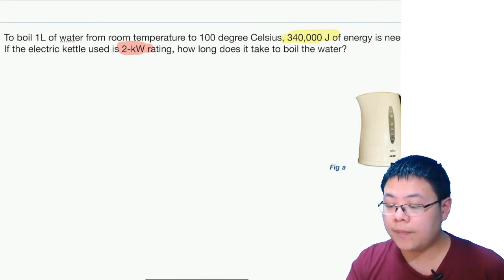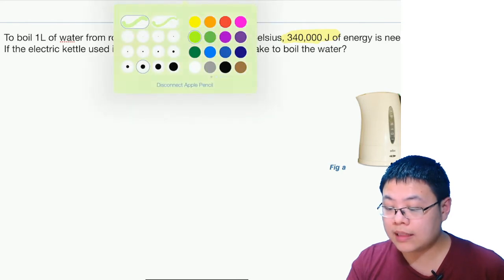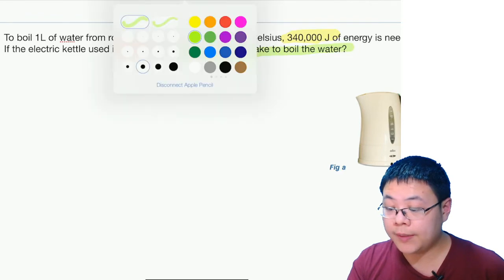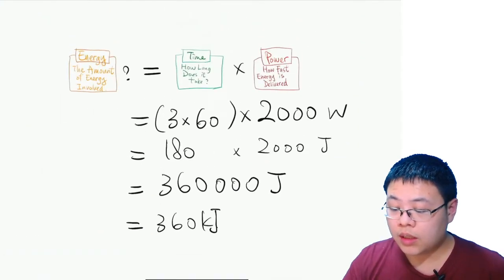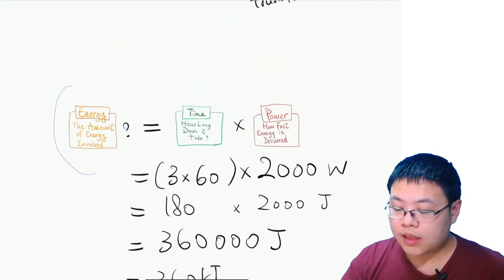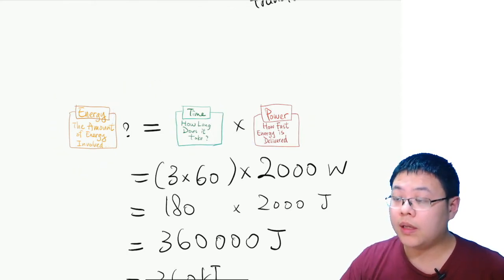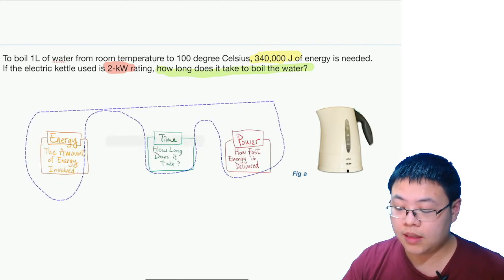But this time, the question asked is how long does it take to boil the water? Okay, so let's do this thing one more time. Let me copy this and paste it here.